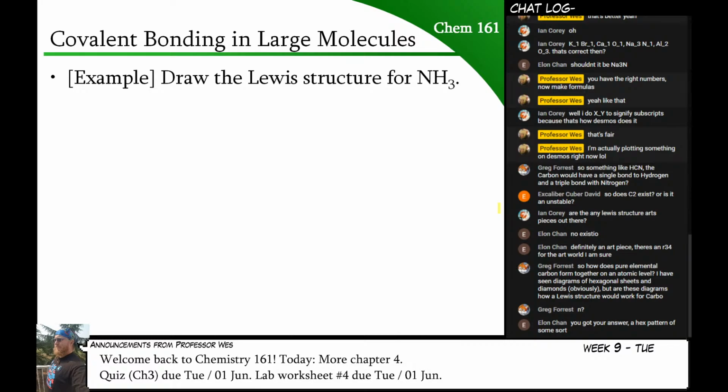So now let's do this for ammonia. For ammonia here, nitrogen gives me 5 electrons. Hydrogen gives me 1, but I have 3 hydrogens. So I'm going to have a total of 8 electrons.